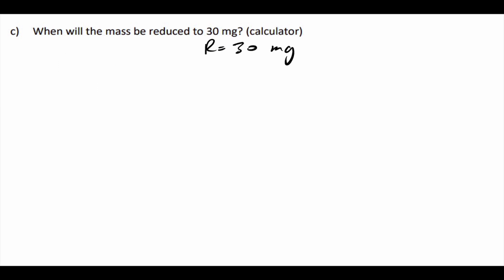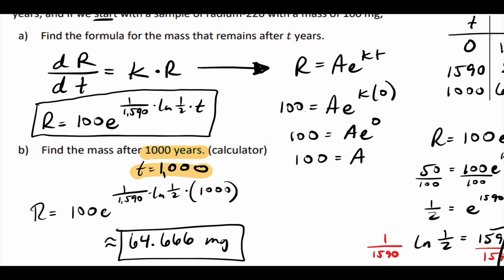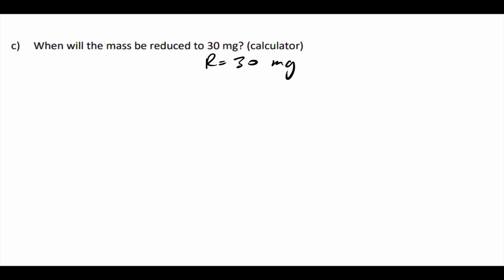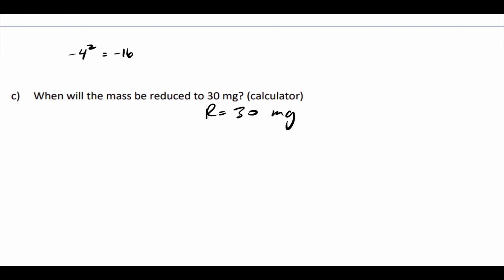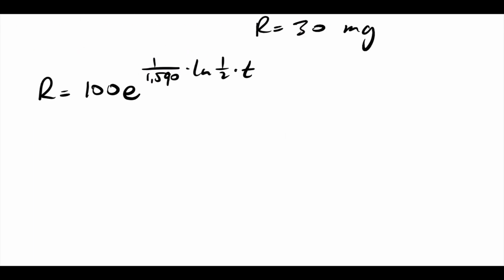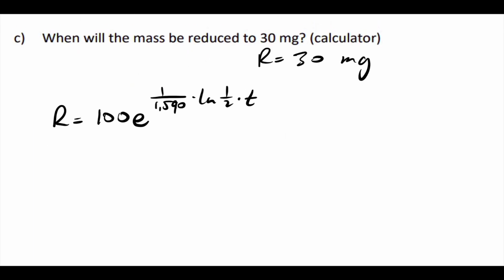We're solving for T, yeah. We're solving for T. So we're going to use the same equation that I used earlier. This guy right here. Except we don't have T. We have 30. We have to solve for T.